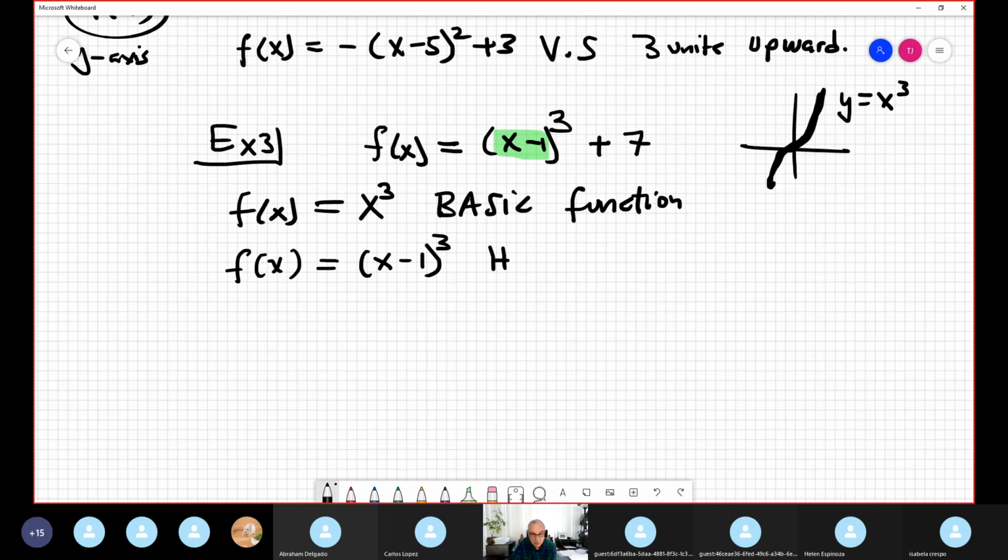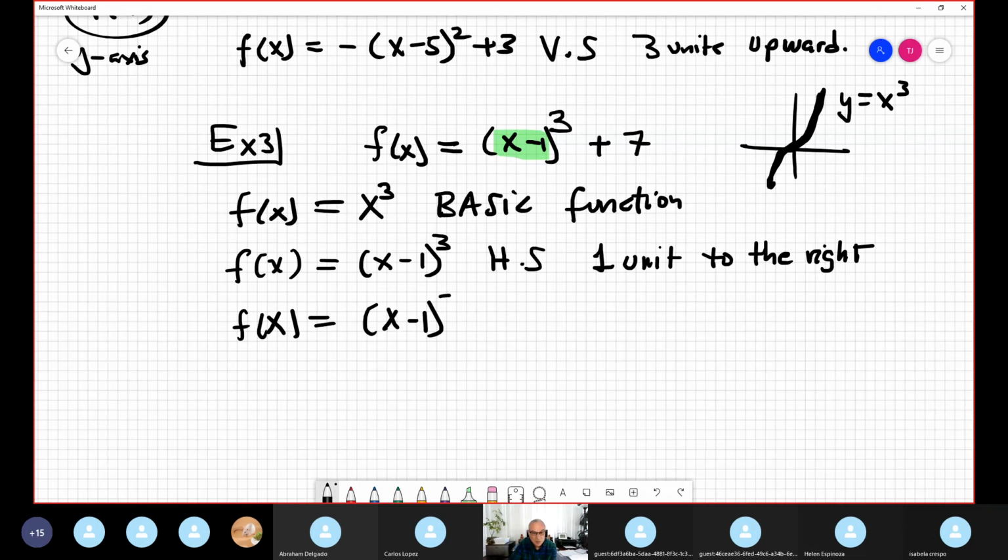This is a horizontal shift, 1 unit to the right. Super. And finally, x minus 1 cubed plus 7. This is a vertical shift, 7 units up.